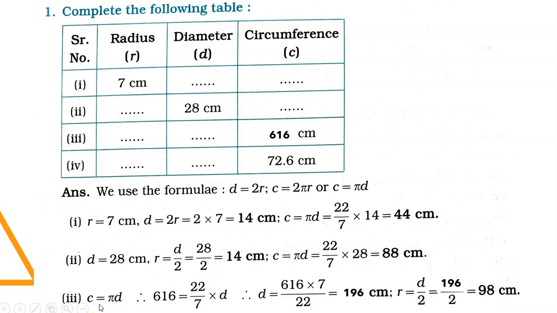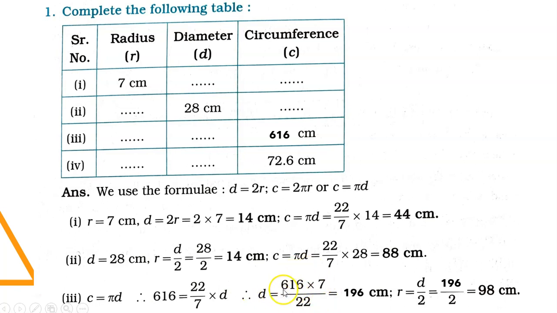Sub-question 3. In this case, my dear students, the circumference is given to me and I'm supposed to find radius and diameter. So I'm going to use this particular formula. C is equal to pi d. C is 616 is equal to 22 upon 7 multiplied by d. When I cross multiply, I get d is equal to 616 into 7 upon 22.